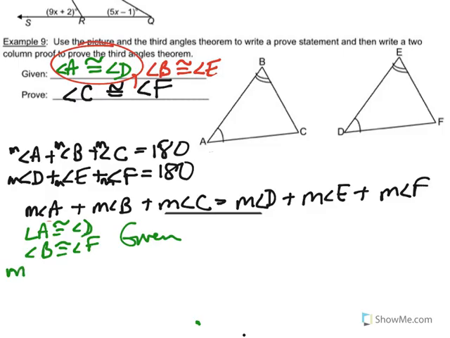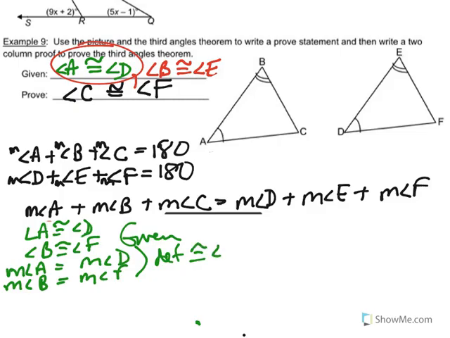So the measurement of angle A is equal to the measurement of angle D and the measurement of angle B is equal to the measurement of angle E. Those are by the definition of congruent angles. I'm not doing this in a very neat format as a two-column proof, but you're getting the information.